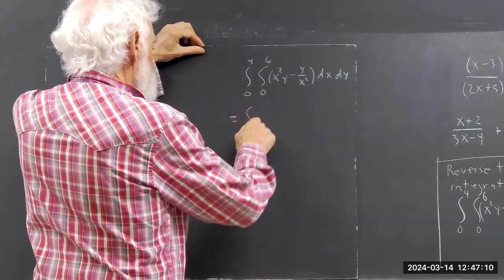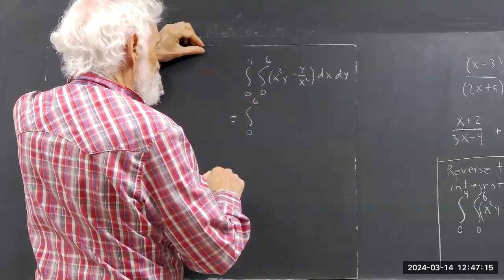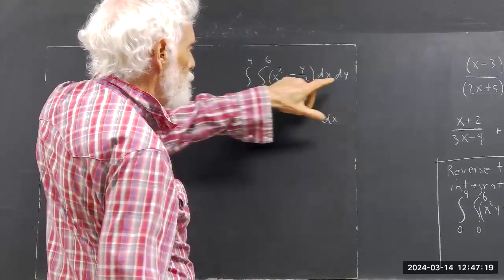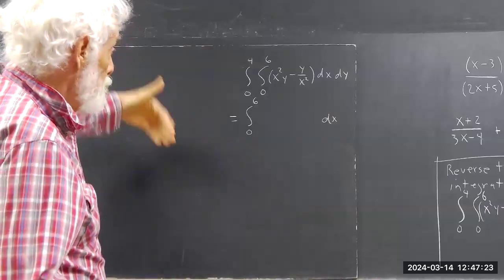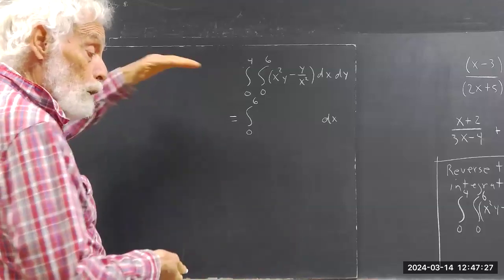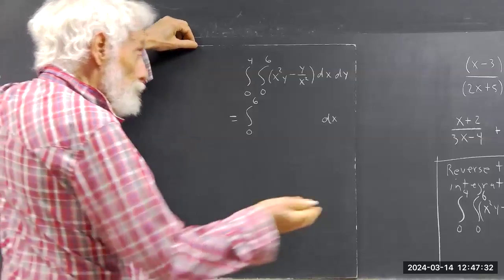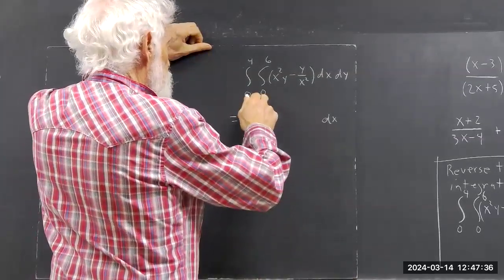So what you're going to do is you're going to have the integral from 0 to 6 with respect to x. Because when you partition this rectangular region, you understand that this is a rectangular region of 6 by 4, right? In the first quadrant, x is going to be partitioned from 0 to 6.